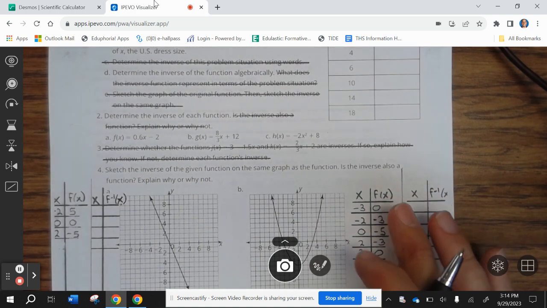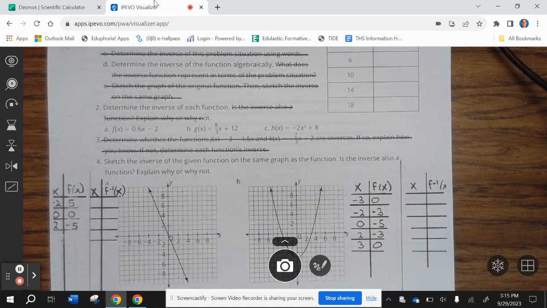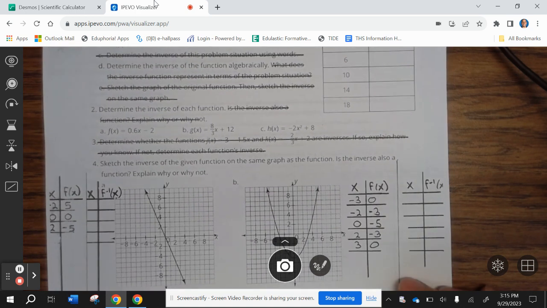All right, go ahead and mark what I've marked out. Add the tables. All right, let's take a look at the next page.